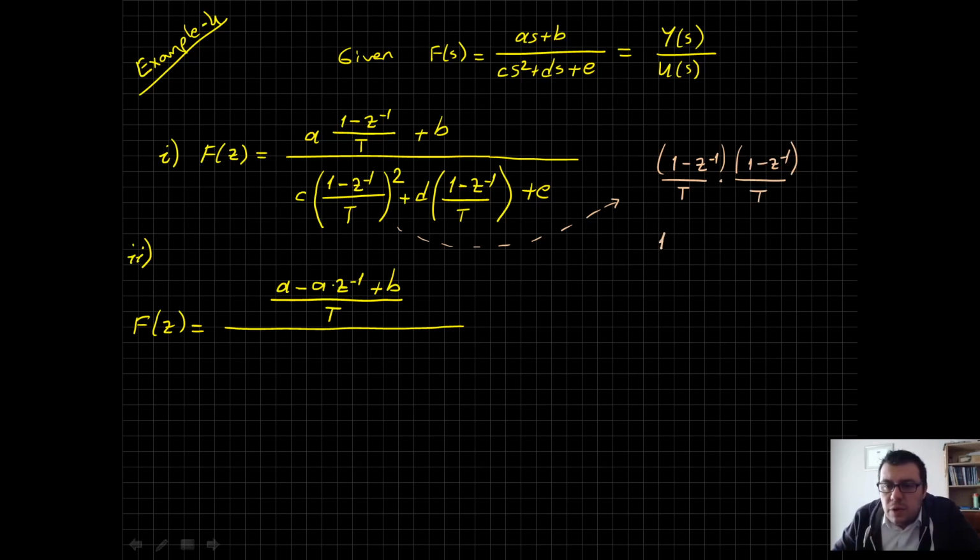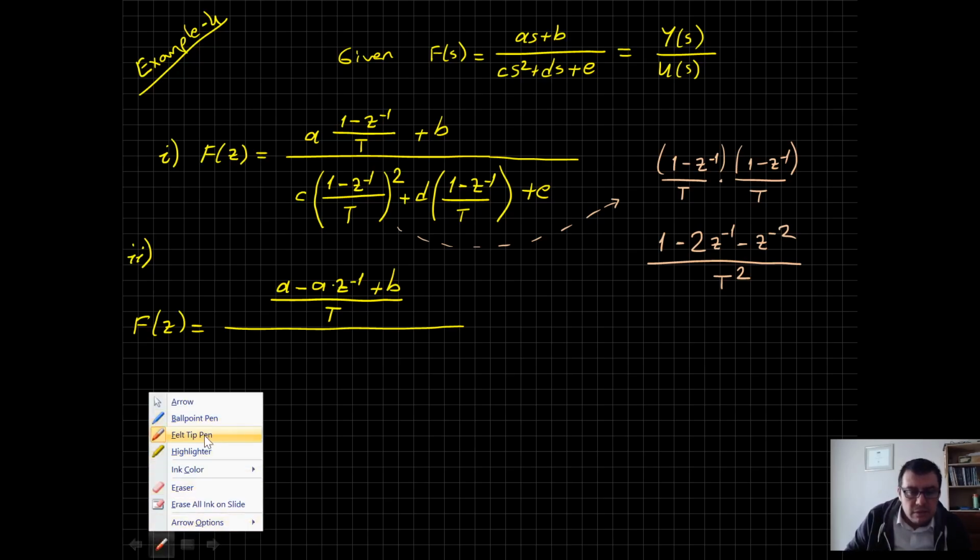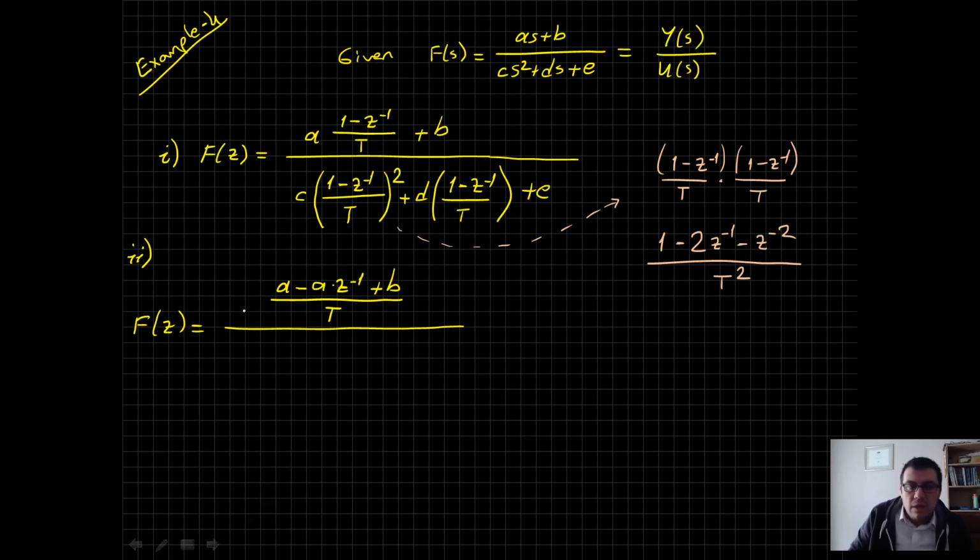It's nothing but 1 minus 2z^-1 minus z^-2 over t squared, right? So if you write it here with the same color, you will have c minus 2z^-1 c minus z^-2 times c over t squared.